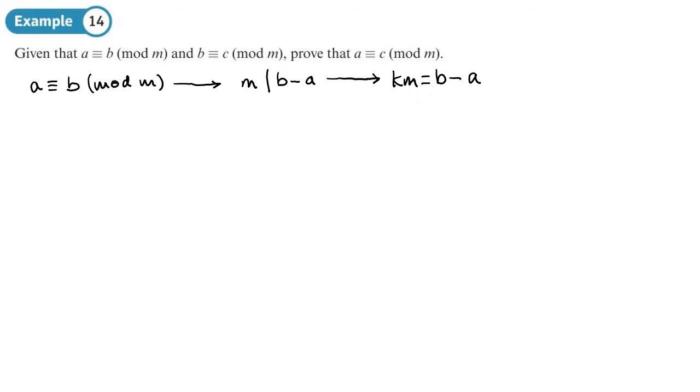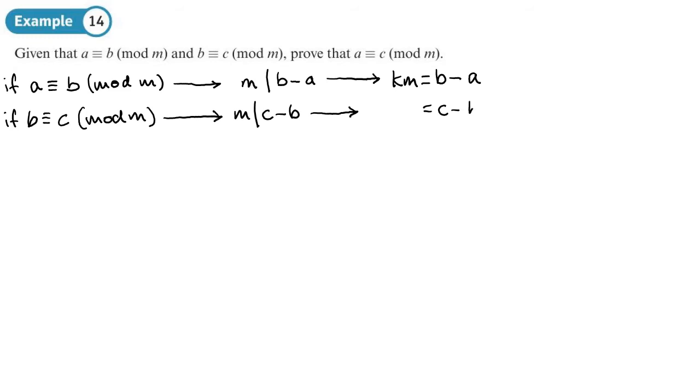Right, so we've set that statement out. We're going to do the same with B and C. So if B and C are congruent under modulus M, then that means that M can divide the difference between those two numbers, which also means that the difference between the two numbers is a multiple, let's call this multiple L, of the modulus.